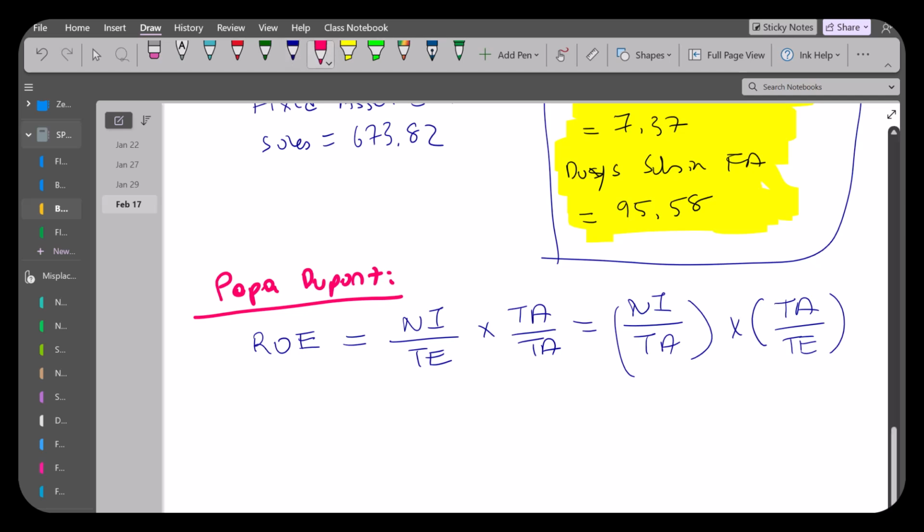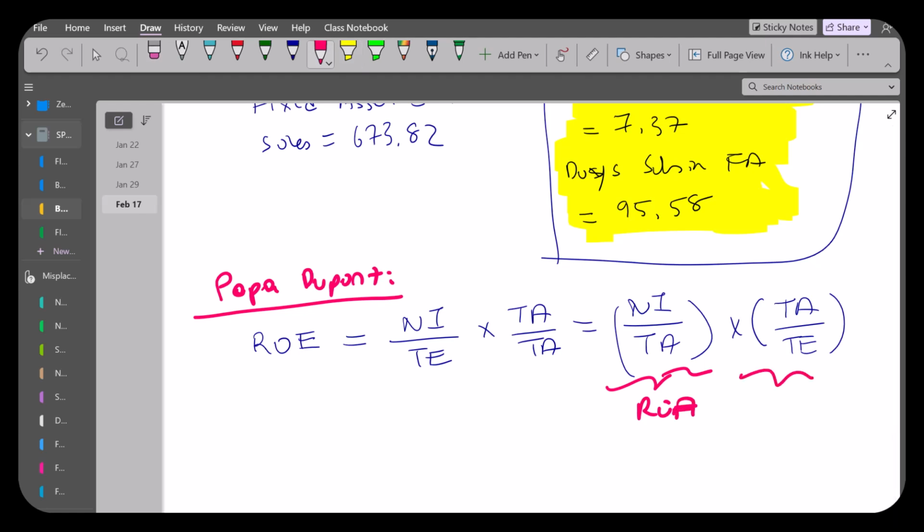You probably recognize this as ROA, and this is 1 plus that equity ratio. We also call this the equity multiplier. Okay.